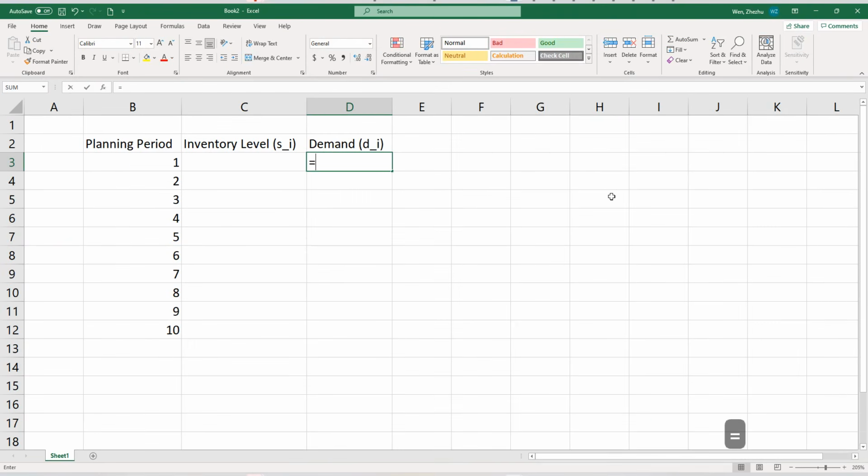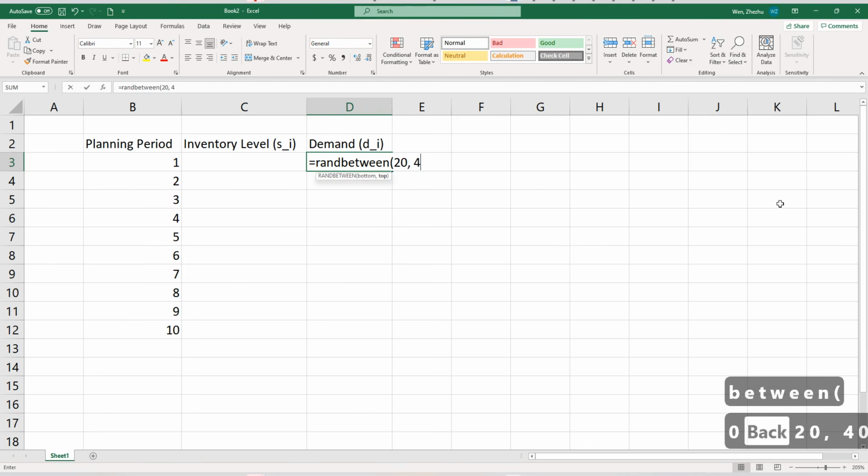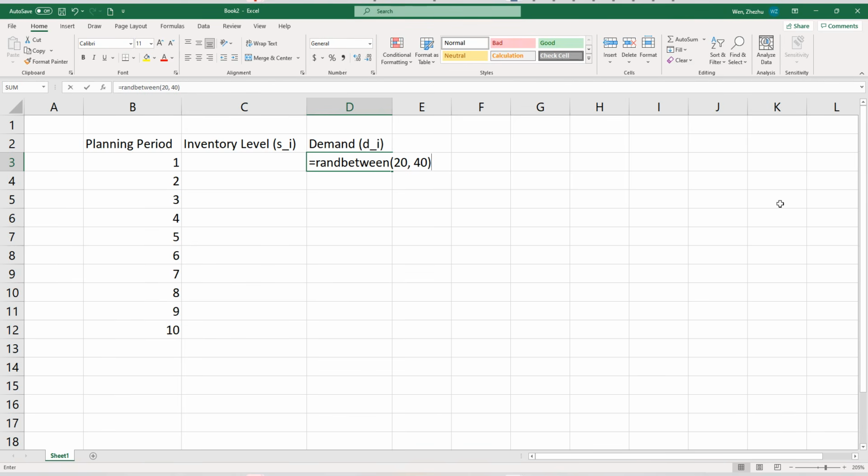So I'm just going to use RANDBETWEEN, from 20 to 40. So your demand will be somewhere between 20 and 40, but it will never go below 20, never go beyond 40.